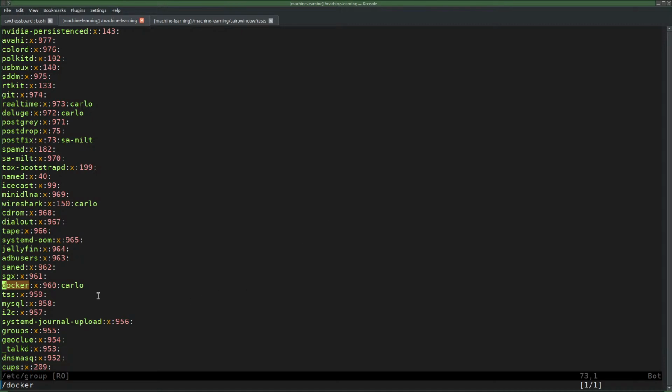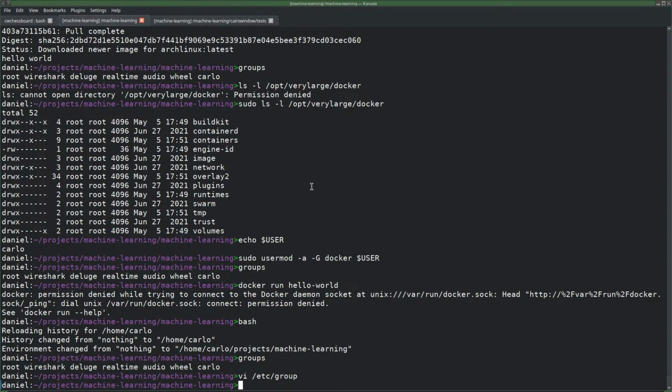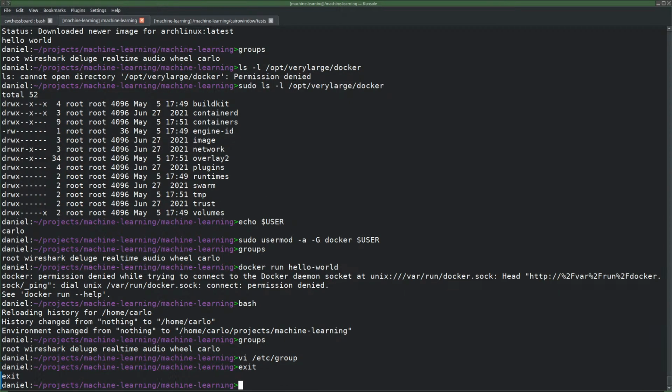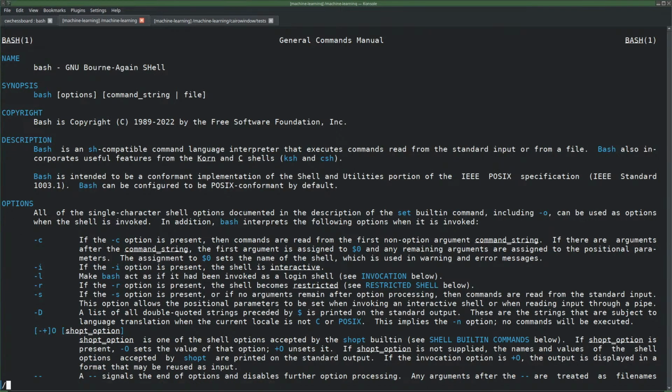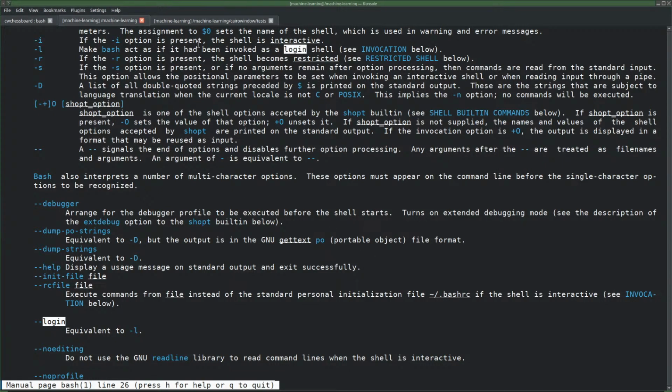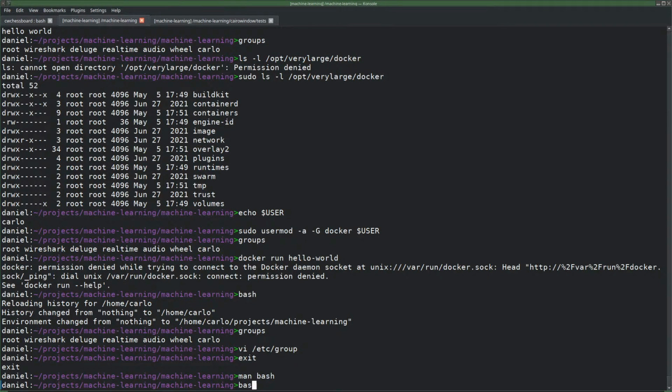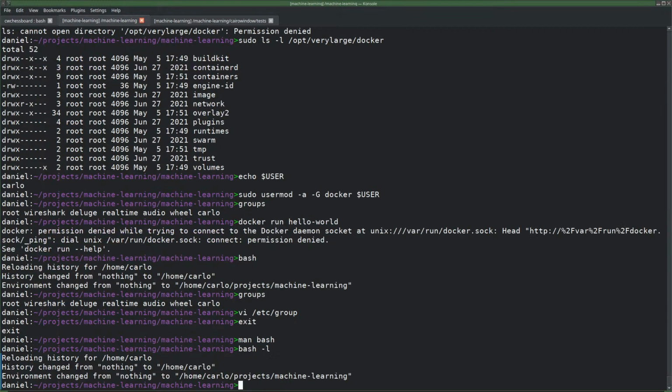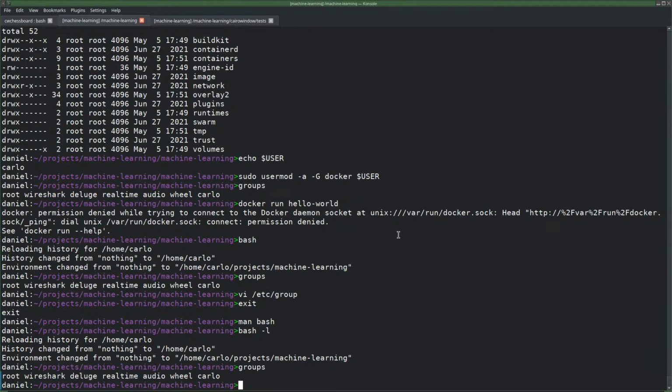See, it added me, but it doesn't mean that I already have it. I have to log in again. How do you log in again? Login, I don't know. Make bash act as if it's been invoked as a login shell. It's -l. Let's try that. Bash -l. Groups. Nope, that didn't work.